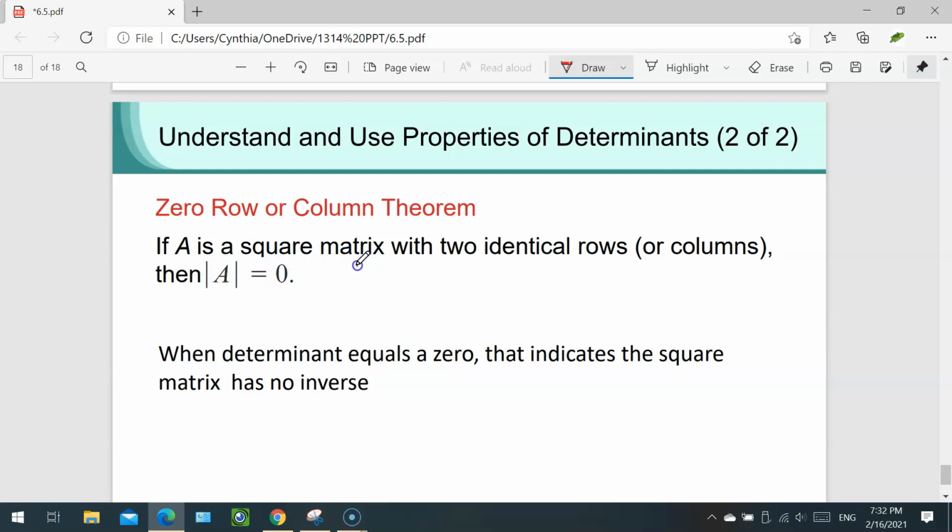For example, you have the matrix A with 2, 2, 2, 2. So the 2 rows are identical. In that case, when you're finding the determinant of A, it will give you a 0. So with this 0 information, that indicates no inverse.